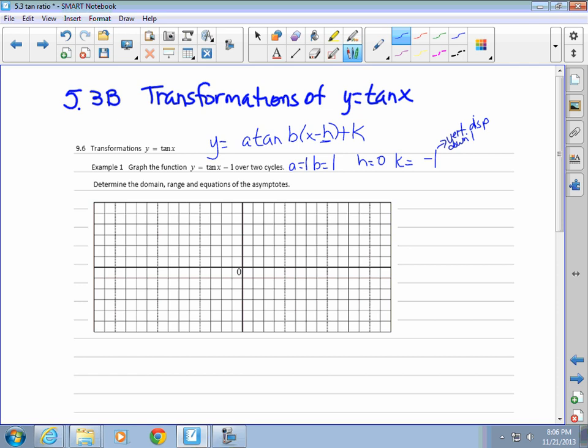Okay, so on our graph here, this is our y, this is our theta. We're going to put our new horizontal axis. So it was here, it's now going to move down 1.